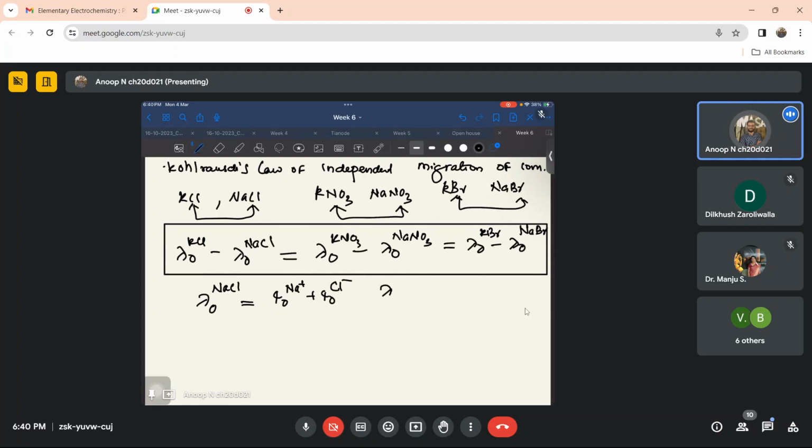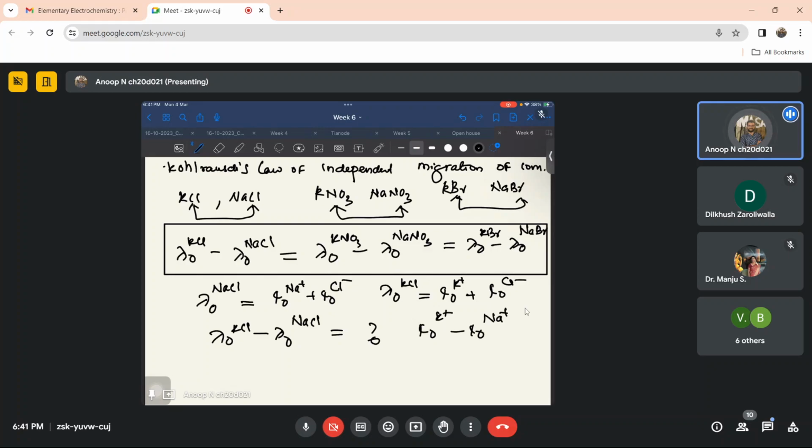Similarly, lambda 0 KCl is L0 K plus plus L0 Cl minus. So what will be the value of lambda 0 KCl minus lambda 0 NaCl? It will be L0 K plus minus L0 Na plus.